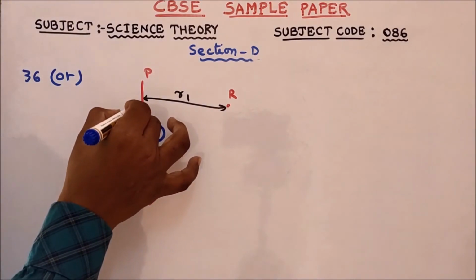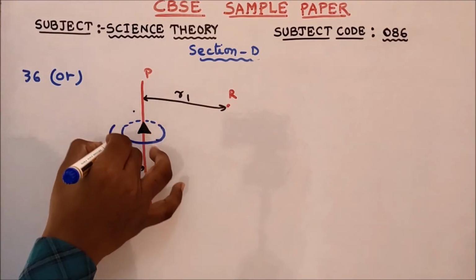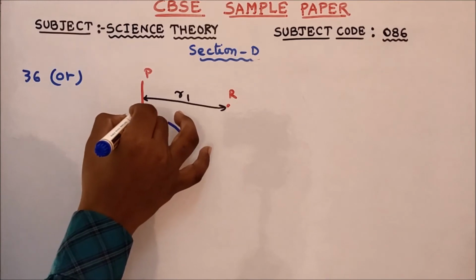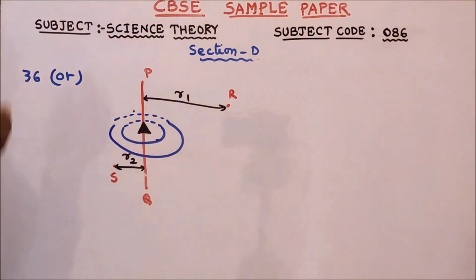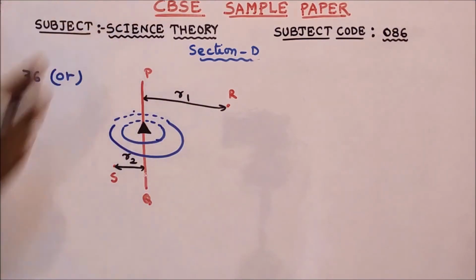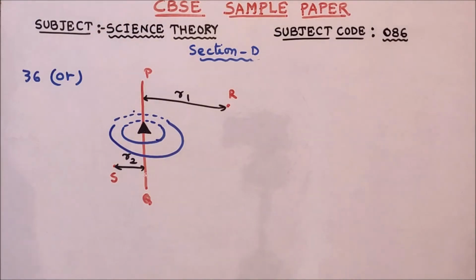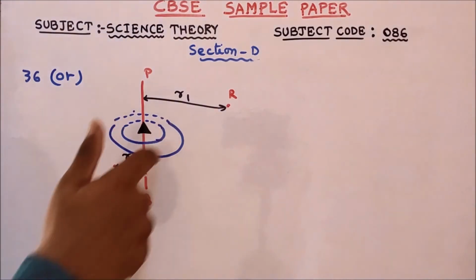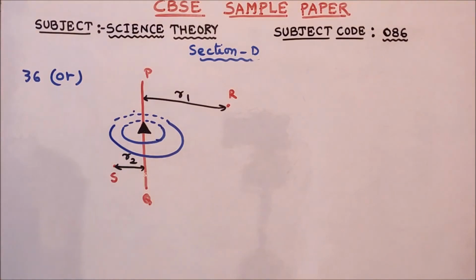Those dotted lines are behind the conductor, and the solid ones are above the conductor.